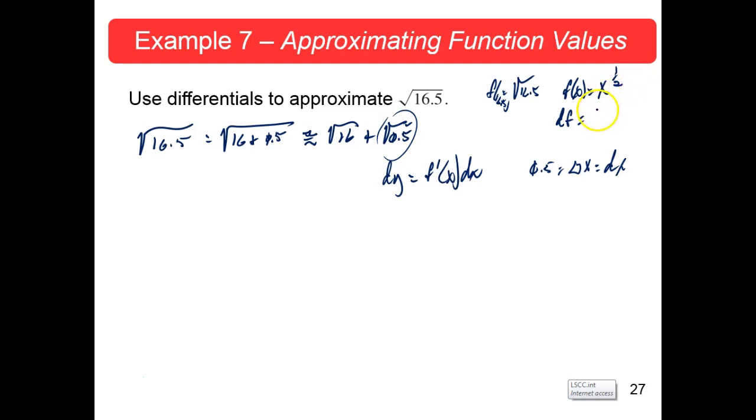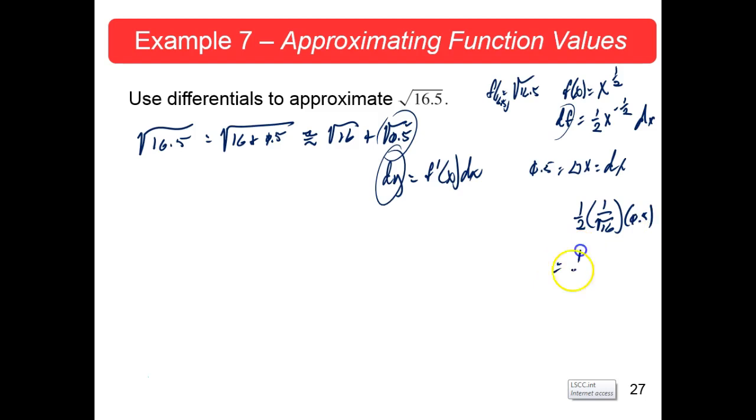It's 1/2 x to the minus 1/2. And then write your dx there, okay? So this is your df, or your change of y, equal to 1/2. And remember, the x we're using here is 16. So this is 1 over the square root of 16 times your dx, and your dx was your 0.5.